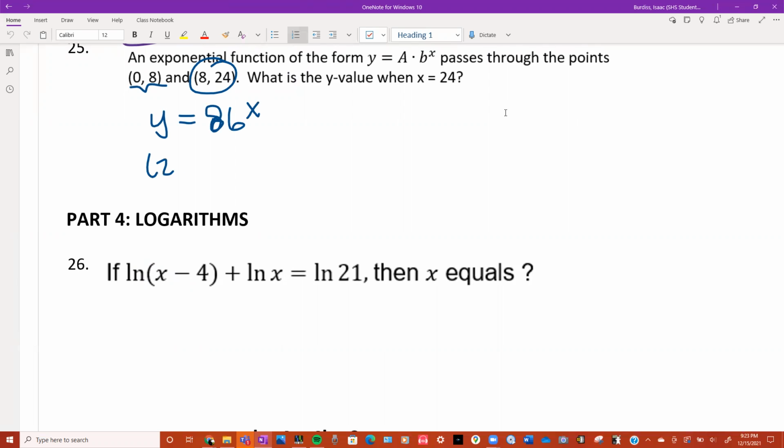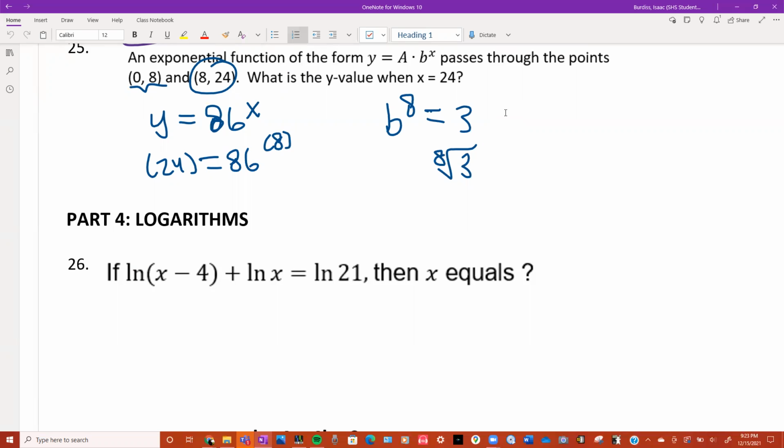The y value is 24. The x value is 8, so we have to find B. So solving for B, that would mean B to the 8th equals 3, because 24 minus 8 from that. And then we'd change that to log, that's actually not what we would do. We would take the 8th root of 3.